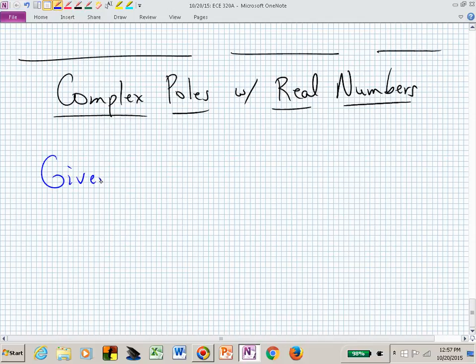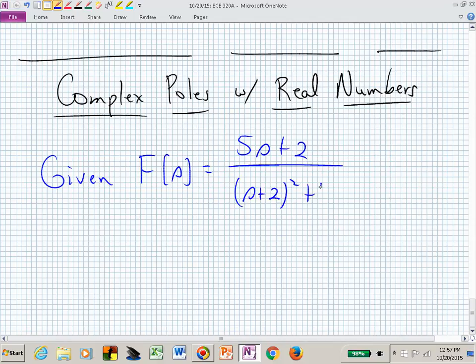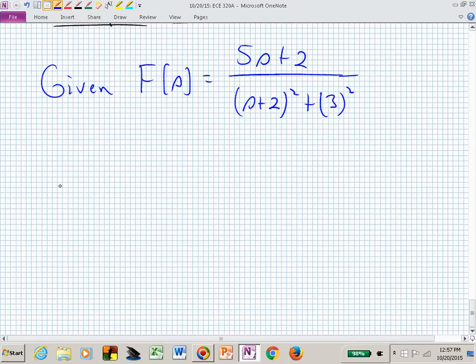Suppose we are given F of s equal to 5s plus 2 over s plus 2 squared plus 3 squared. And on the exam, you might be asked, what is f of t? And that would actually be a gift, I think, at this stage.